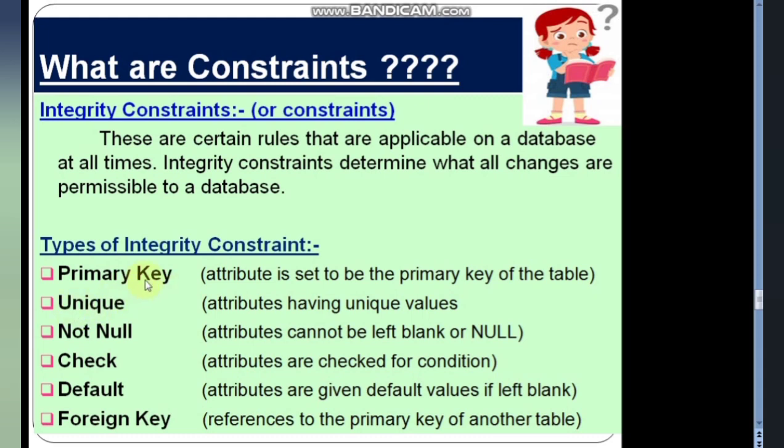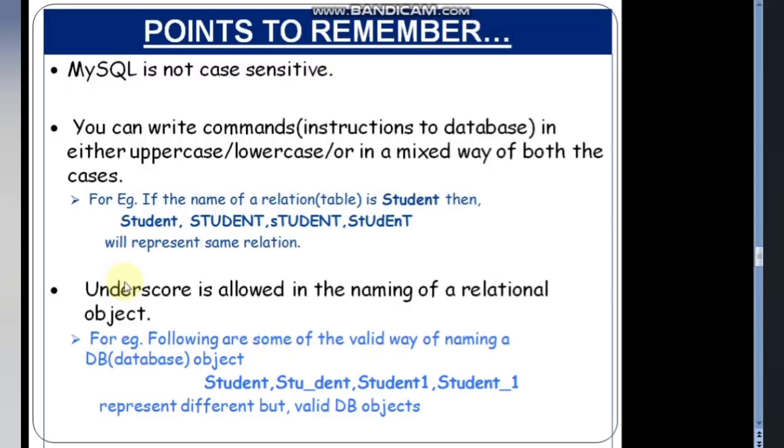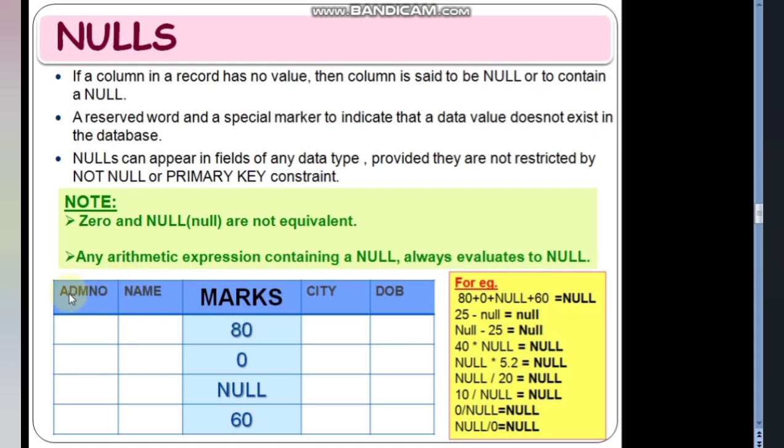And when you are applying primary key to any particular field, suppose while creating the table student, you have made admission number ADMNO as the primary key, right? So when you are making this ADMNO the primary key, let us take the example of this particular column.